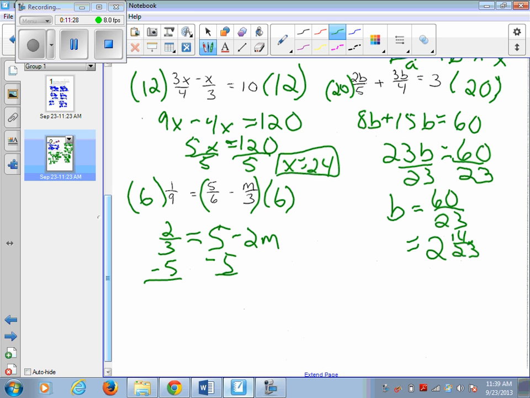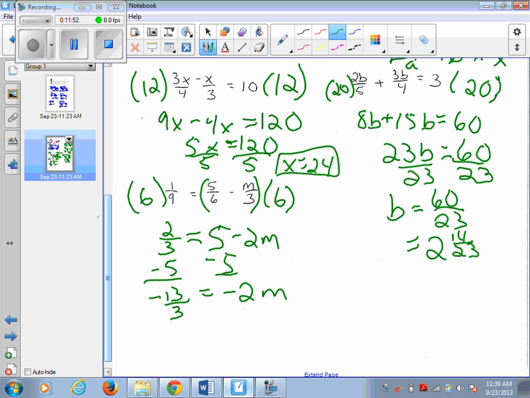So that's going to just give us negative 2m on the right side, not on the left. 2/3 minus 5. I'm going to rewrite negative 5 as minus 15/3. So if I have 2 minus 15, I get negative 13/3 equals negative 2m.